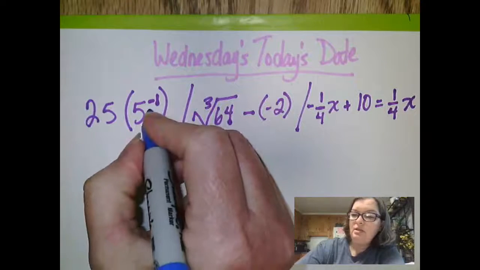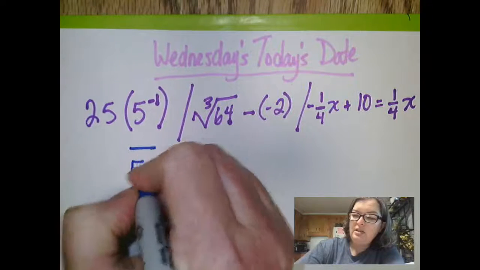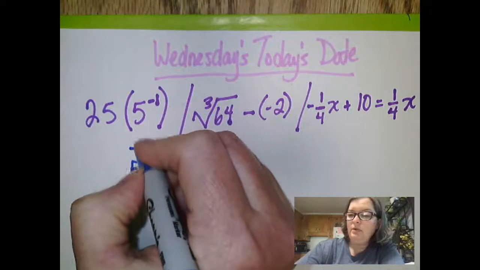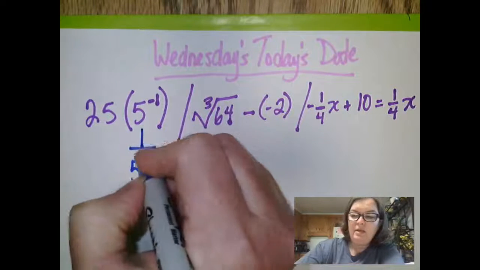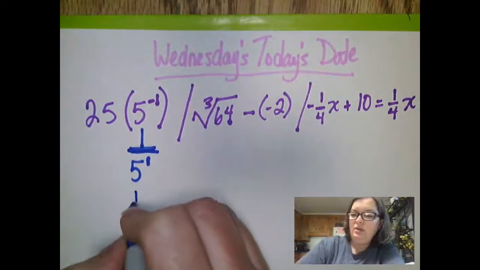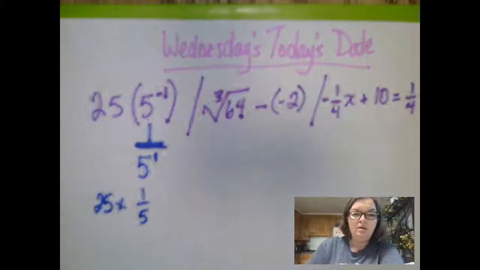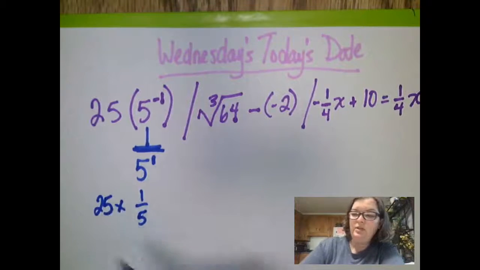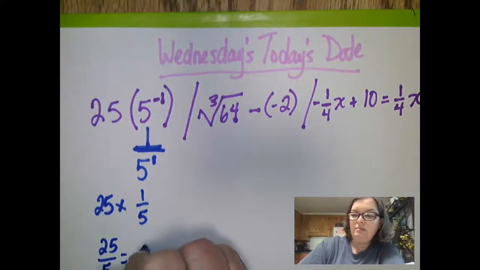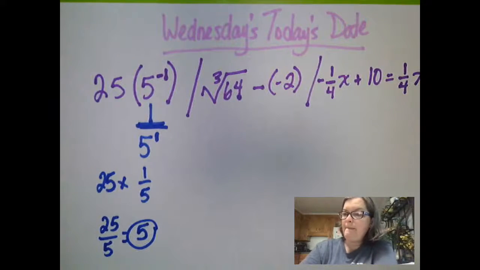So you would write 5 to the negative first power as being in the denominator, and at the top, of course, we wouldn't have anything. So this is 1 divided by 5 over 1, which is 1/5, and then we are multiplying that by 25. You guys know this part. We can just switch that 1 and 25. 25 divided by 5 is 5. So there is today's month.